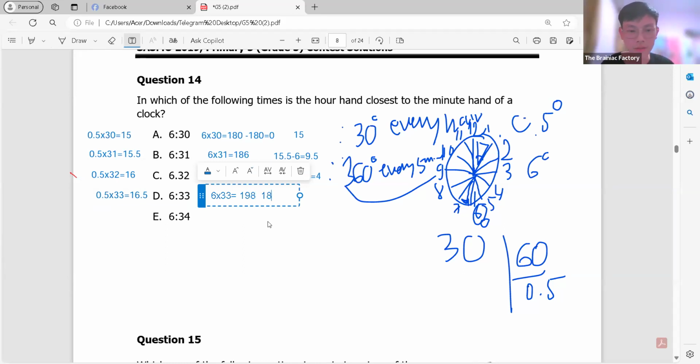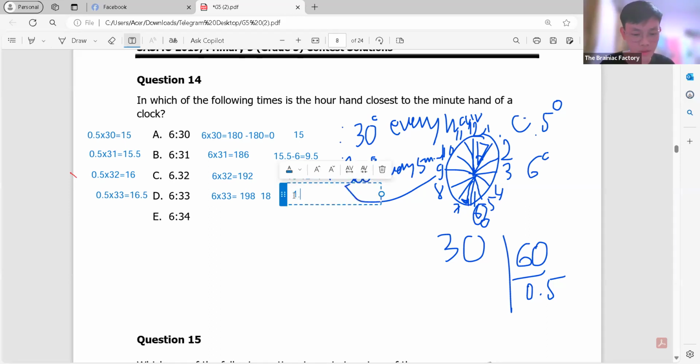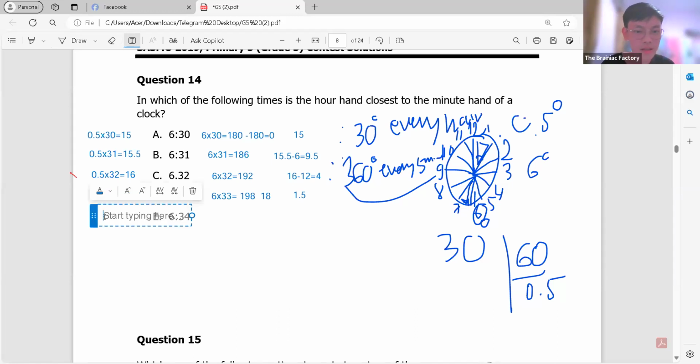And after minus 180, we're going to have 18. So the distance, it's about 1.5, I guess. Yeah. So another one, it's 0.5 times 34, giving us 17.